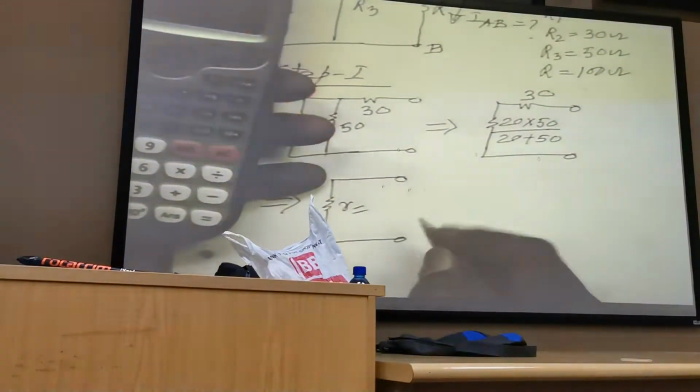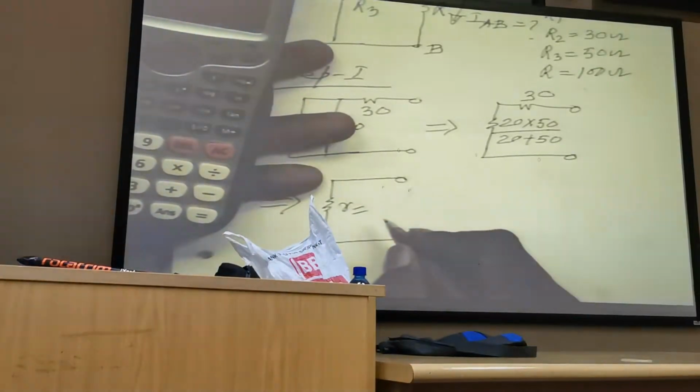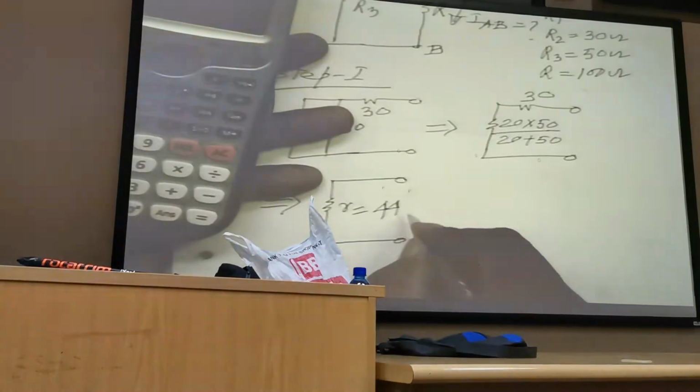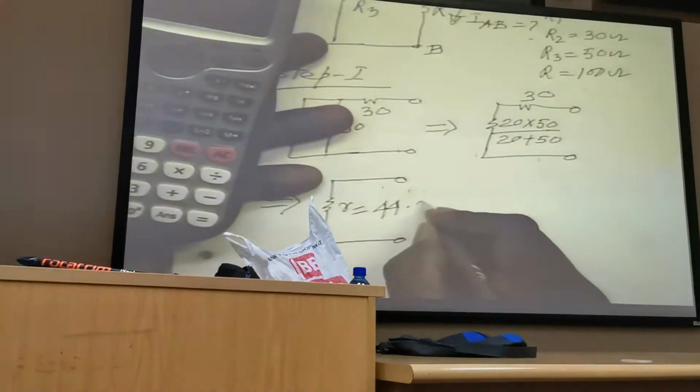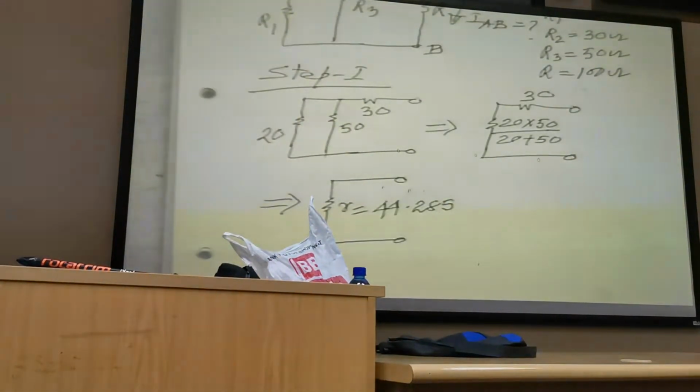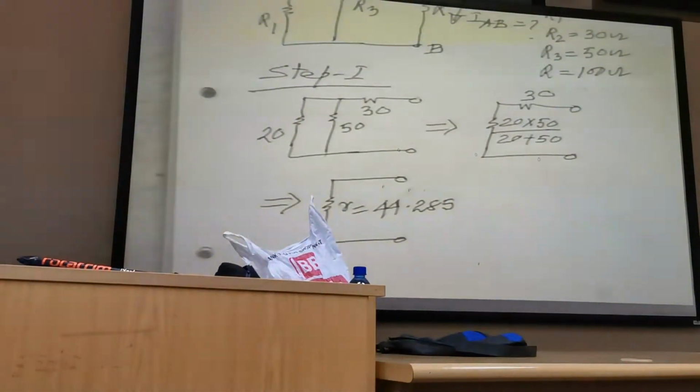How much did you get? 44.3 or 44.28, sir. So this one is 44.285. Right? Yes, step one, you got that? Yes, sir. Everybody?